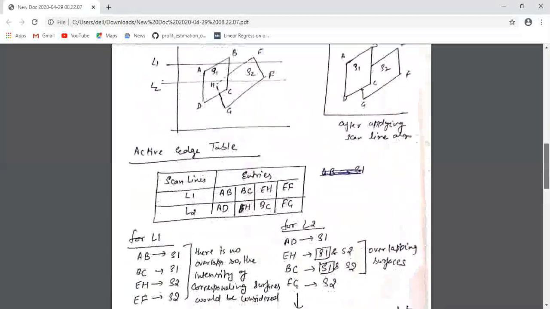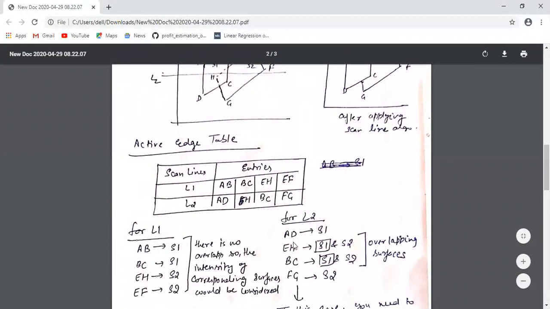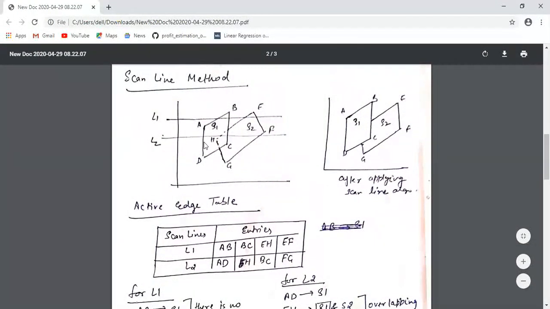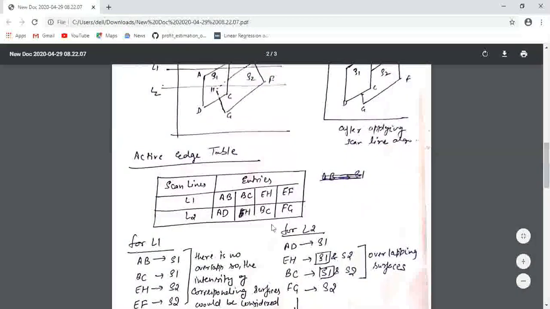For L2, if we check the surfaces that belong to the active edges: AD, for L2, entirely belongs to S1. EH, for L2, is belonging to S1 as well as S2, so for EH we will write S1 and S2.